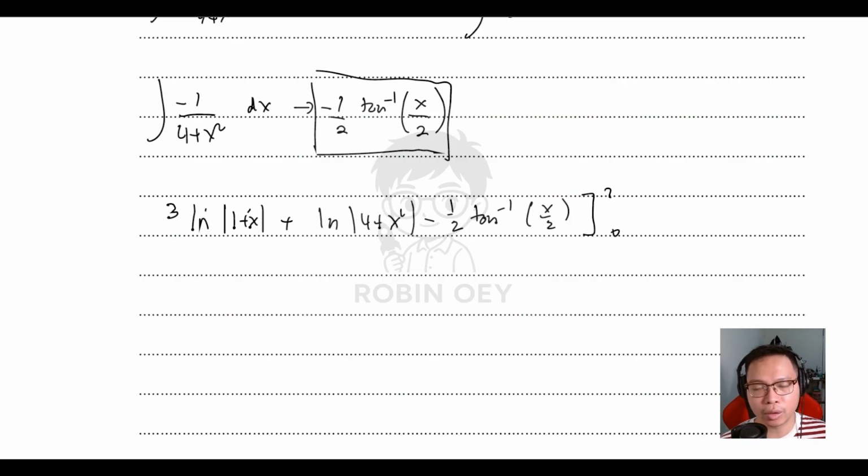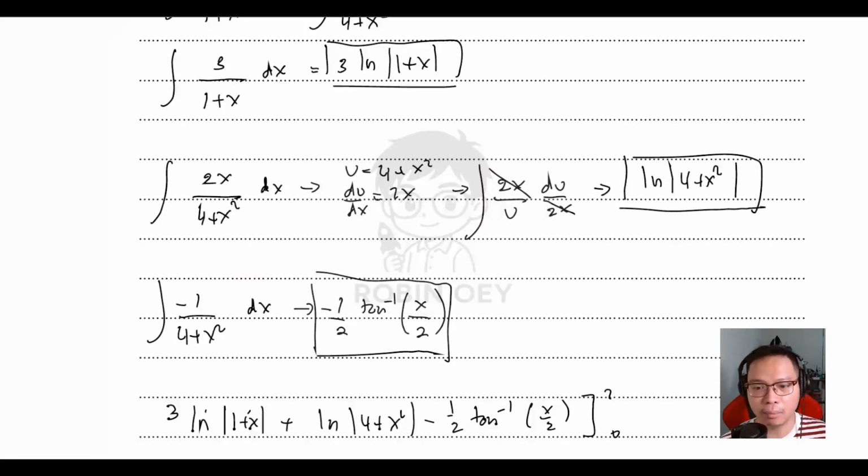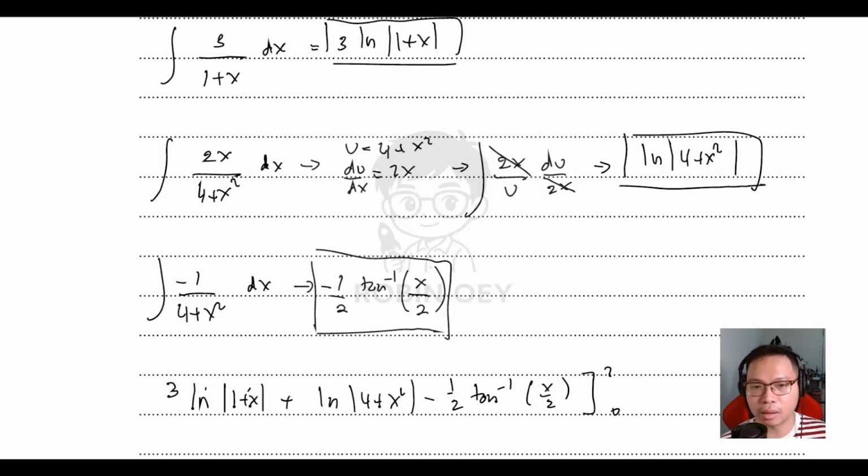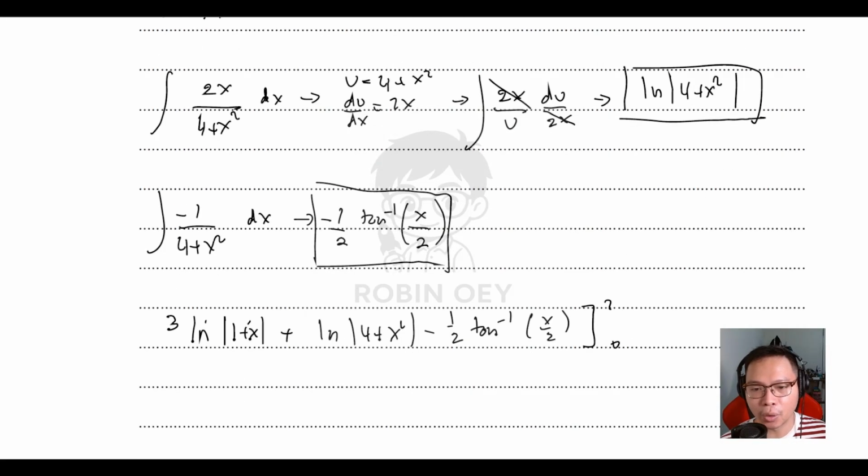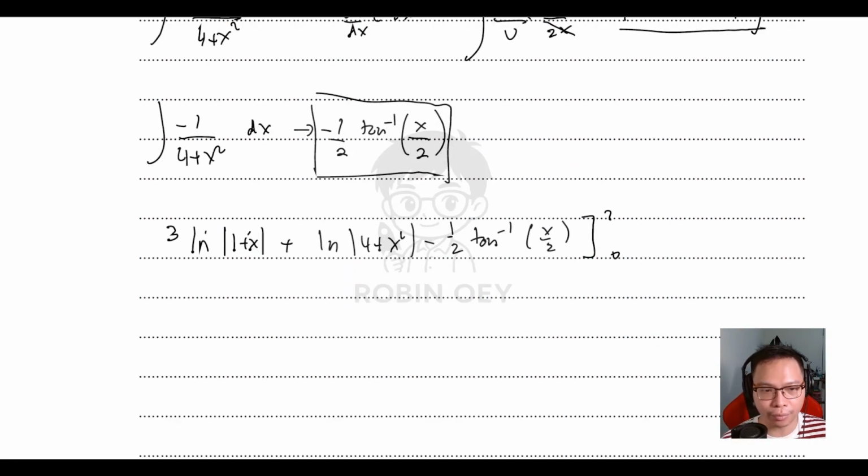Again, for integration, normally we put a plus C, but because this is a definite integration, we don't need the plus C. We just need to put the upper and lower limits. If they don't give you the upper and lower limits, please make sure that you put a plus C. So we just have to input everything.